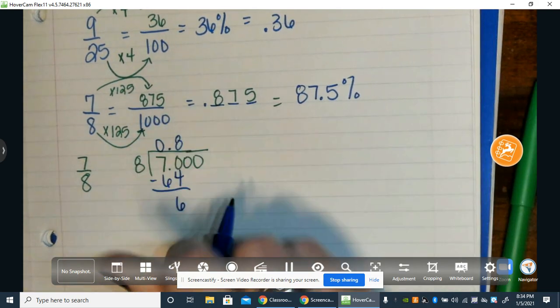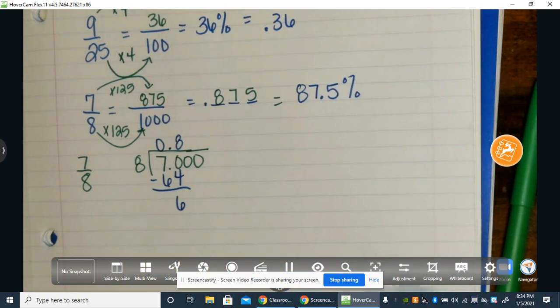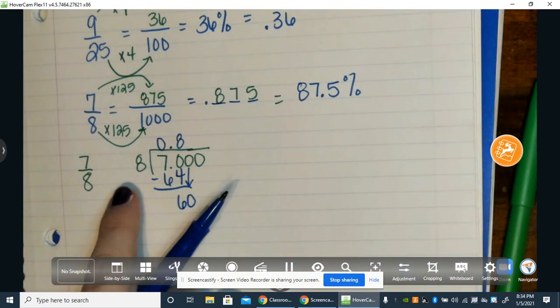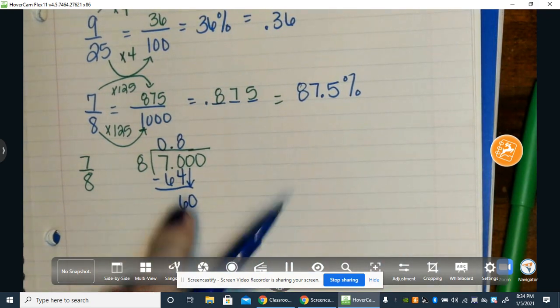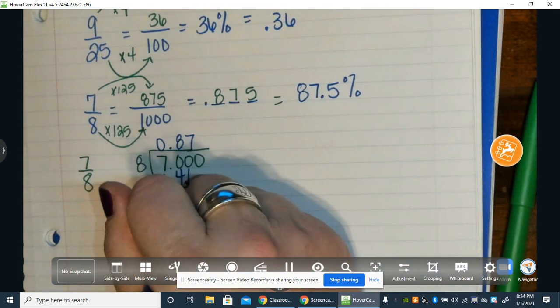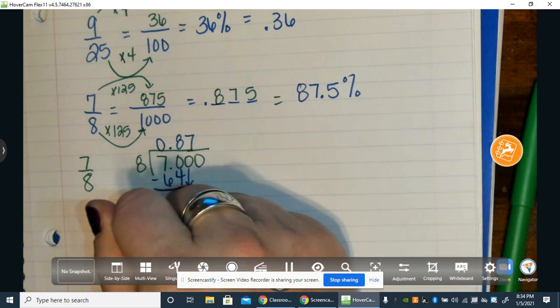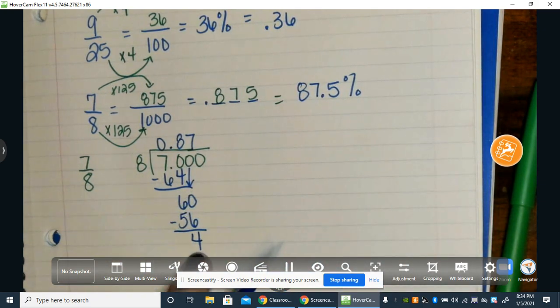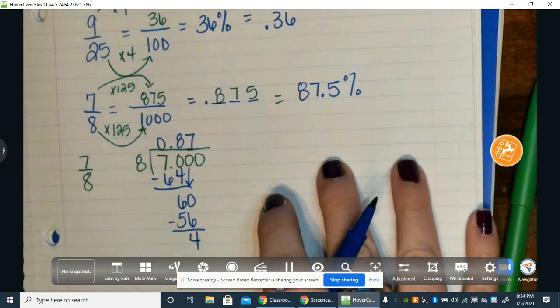Subtract, I'm left with 6. 6 is smaller than 8, so I got it right. Bring down my 0. 8 can go into 60. Well, that's 7 because 5, 6, 7, 8. 7 times 8 is 56. 60 minus 56 gives me 4. 4 is smaller than 8, so I know that number is correct.